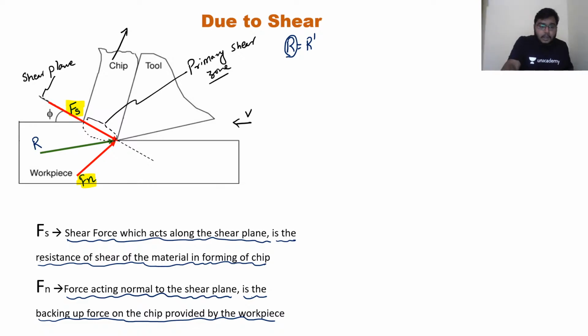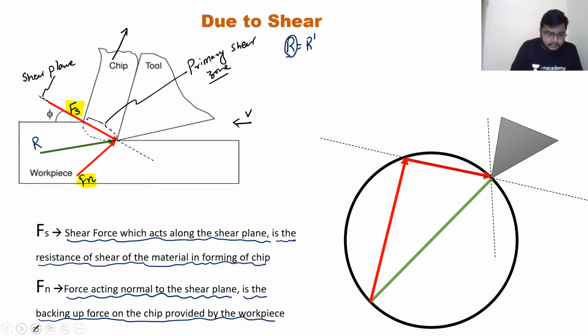Now see what we are doing, sir. We are actually trying to integrate the Fs and Fn and R in a circle. कैसे करते हैं, sir? जरा देखिए. Now see, this is your tool, and this is your rake surface.